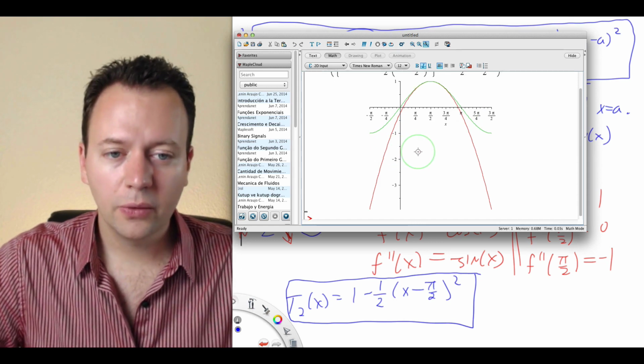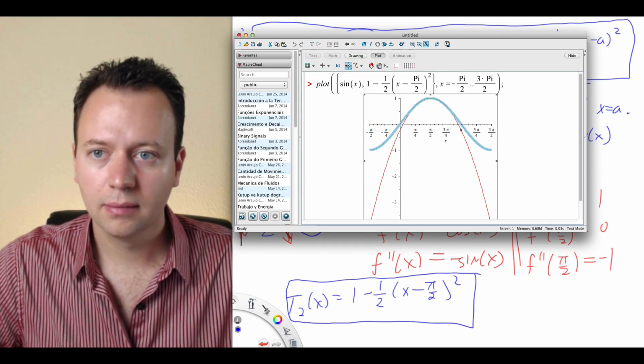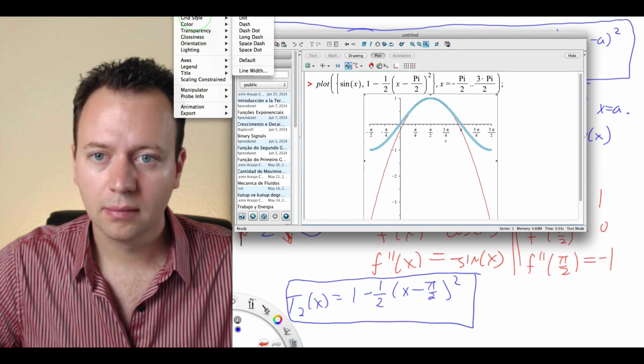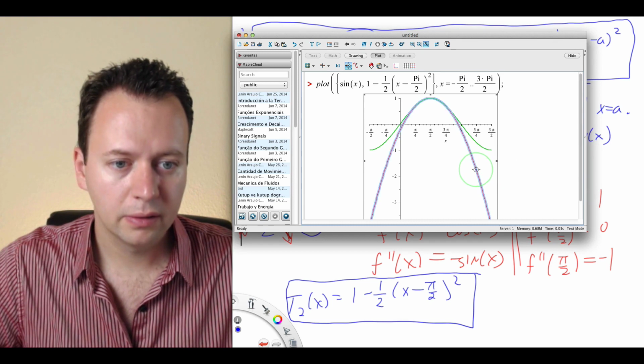Okay, so here we see the sine function. Let's make the width a little bit larger.